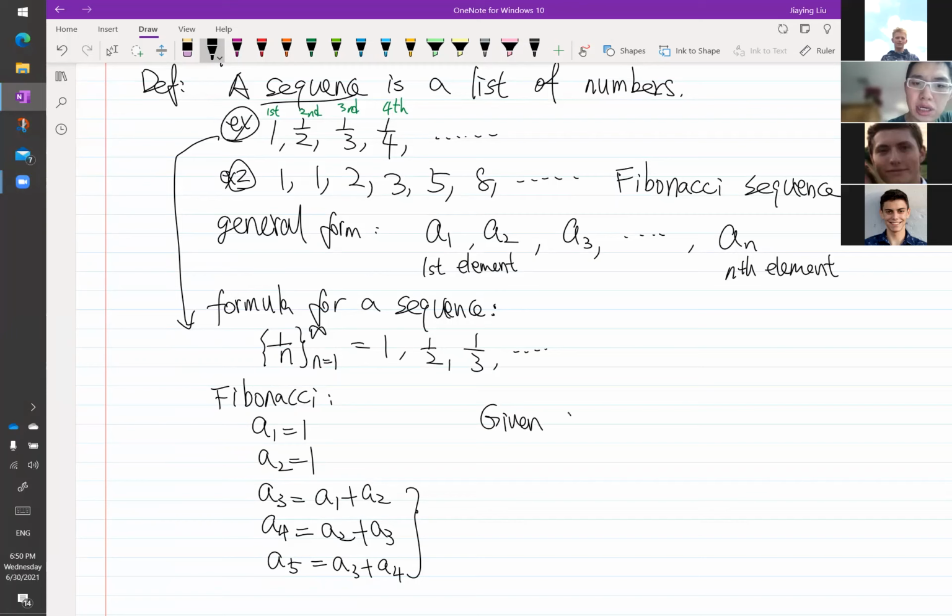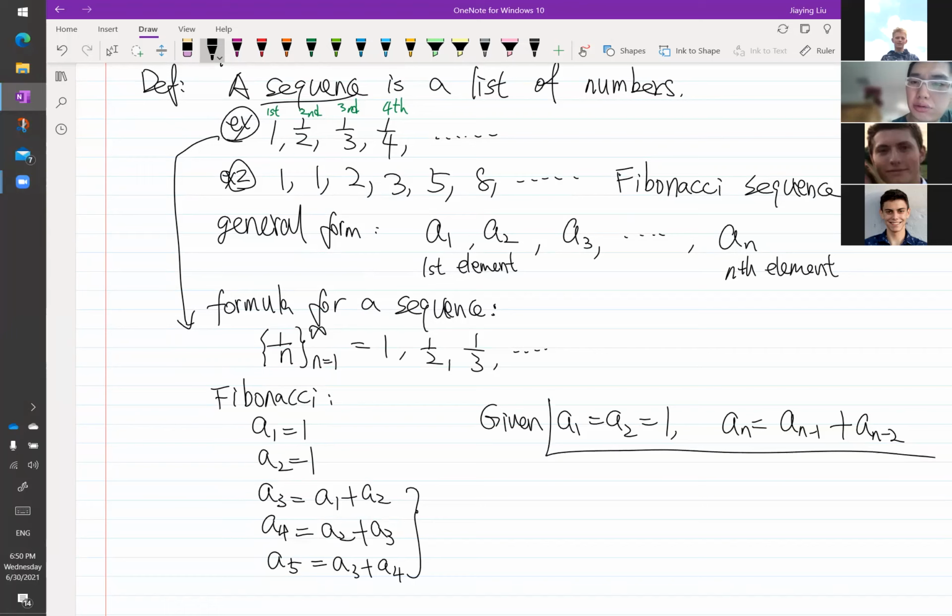So we're going to write a new rule saying, given A1 equals A2 equals 1, an is equal to an minus 1, the element before n, plus an minus 2, the 2 elements before the nth term.